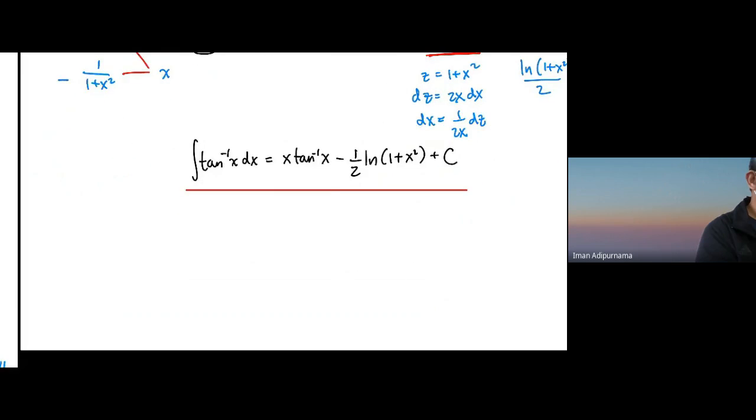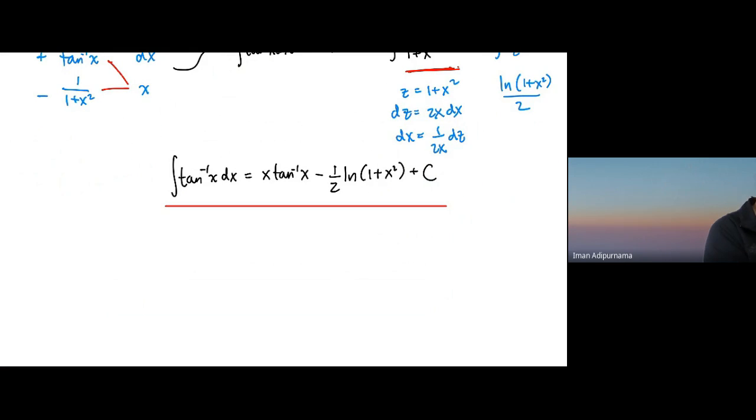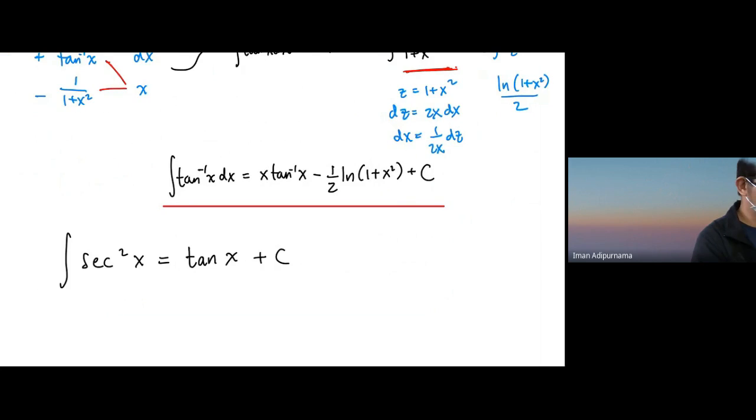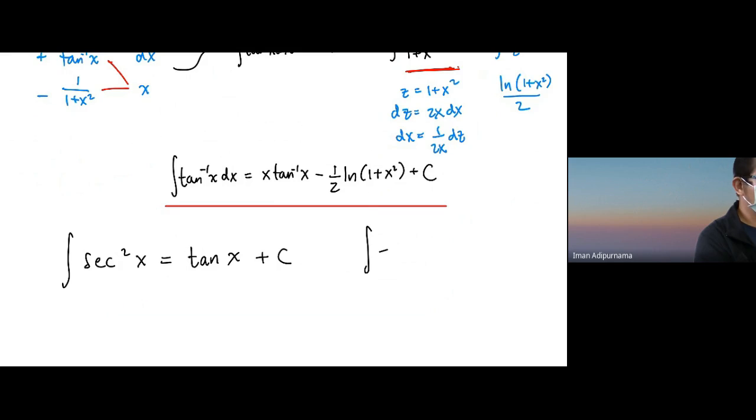Okay. Next one: if you're given the integral of secant squared x, you know that this will be tangent, right? What if you get a secant x?